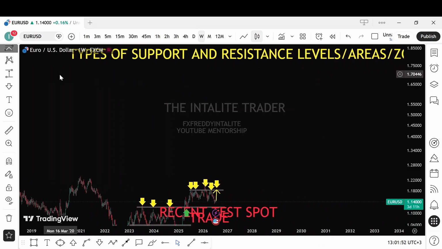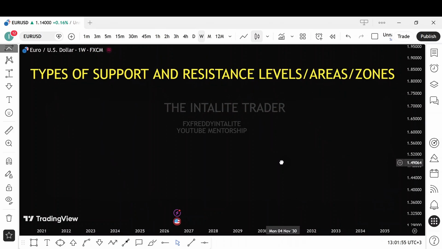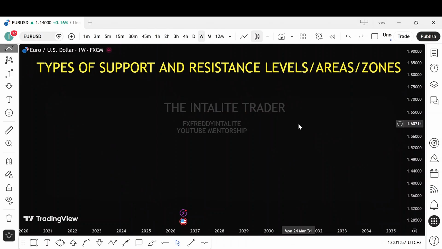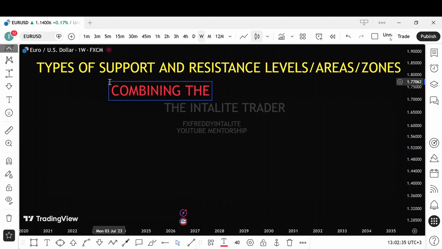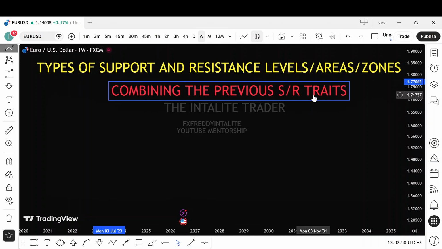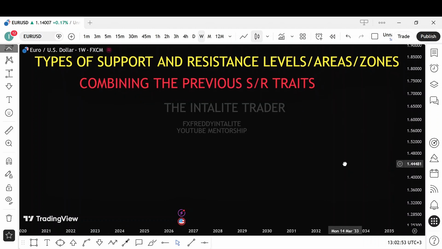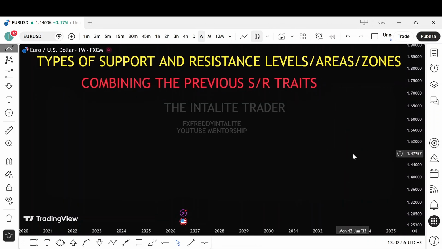So we are still looking at types of support and resistance levels. We are combining the previous support and resistance traits. So for you to tell whether the level of support and resistance is going to hold, this is what we do.